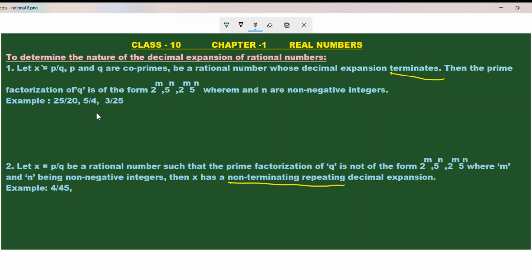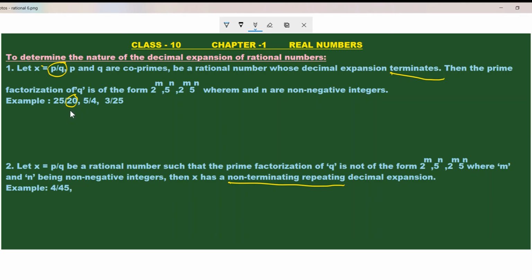That we'll see here. We know rational numbers can be written in the form of p upon q. So these are the rational numbers I have taken as examples. What we need to do is write the denominator, that means q, in terms of multiples of prime numbers.